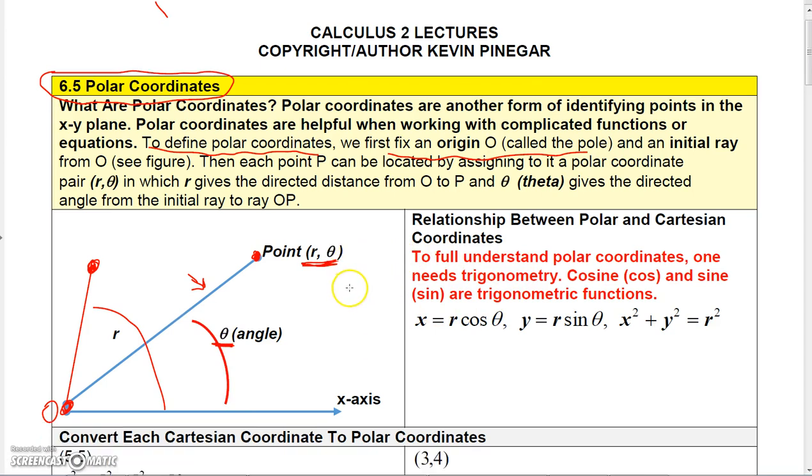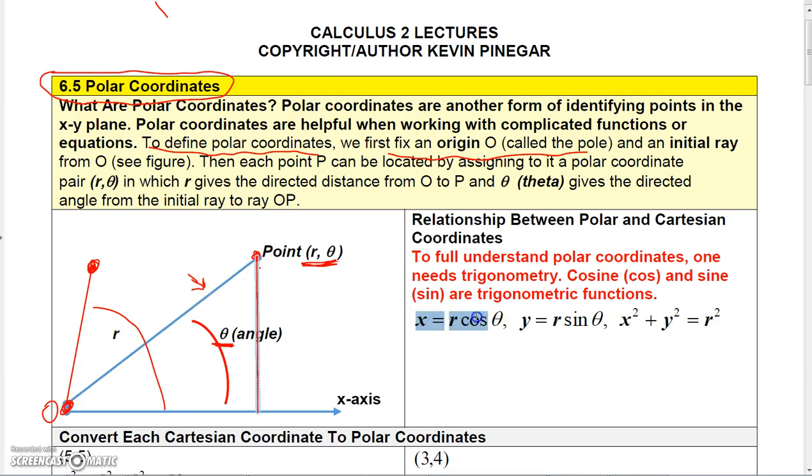Now, you can use some trigonometry, and I won't spend too much time on that because it's pretty simple. You may remember that if you have a right triangle, like here we have a right triangle, the x distance on this right triangle is simply the hypotenuse, which in this case is r, times cosine theta.